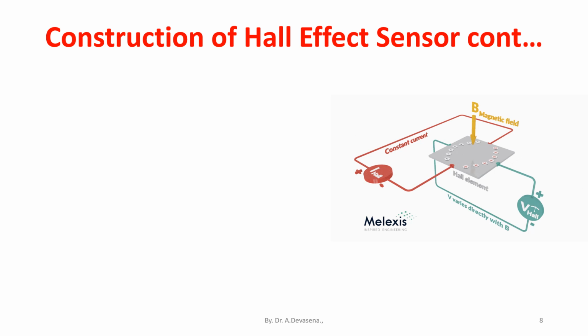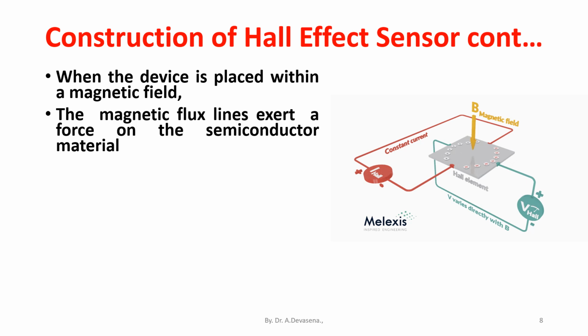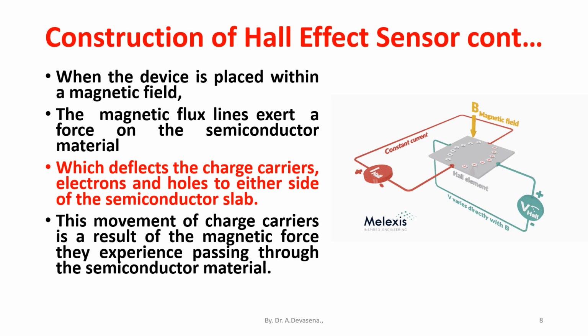When the device is placed within a magnetic field, the magnetic flux lines exert a force on the semiconductor material which deflects the charge carriers, electrons and holes, to either side of the semiconductor slab. This movement of charge carriers is a result of the magnetic force they experience passing through the semiconductor material.